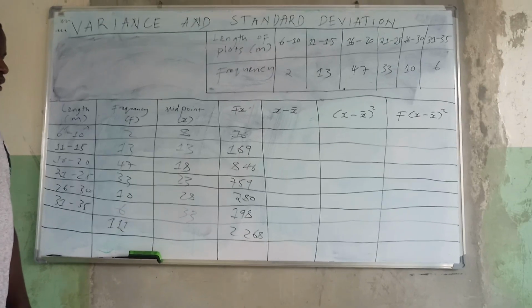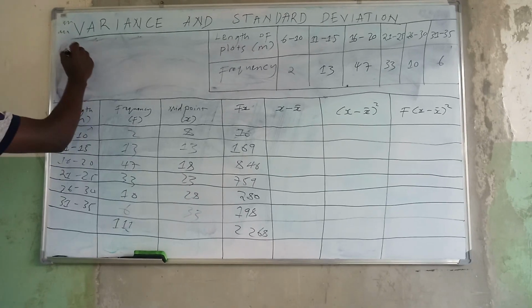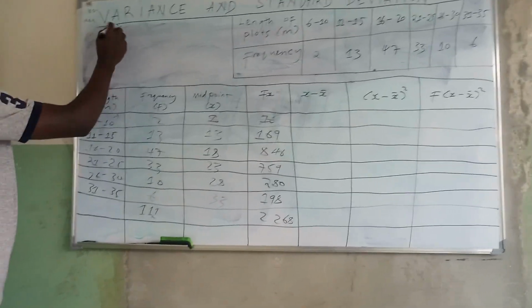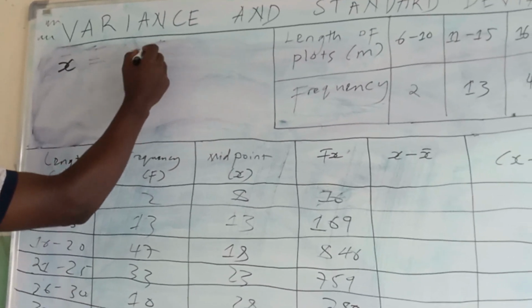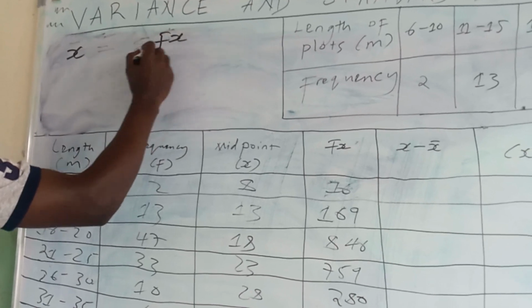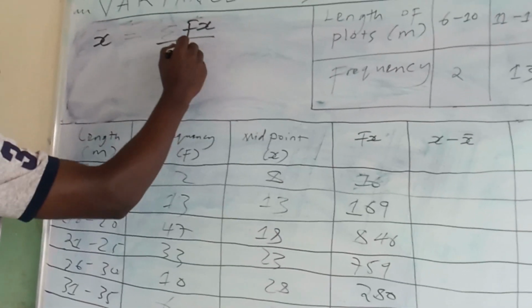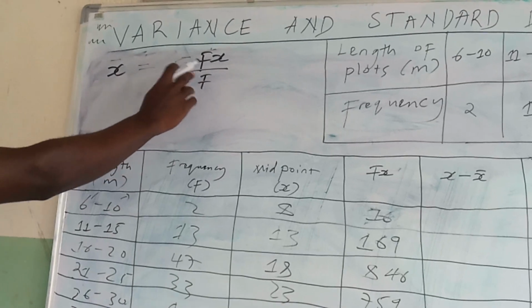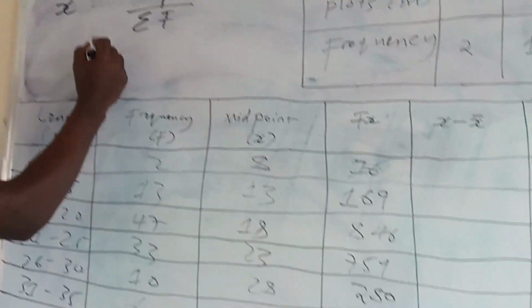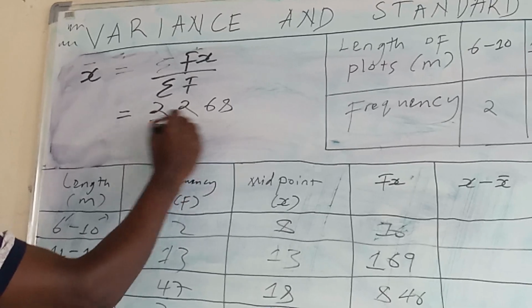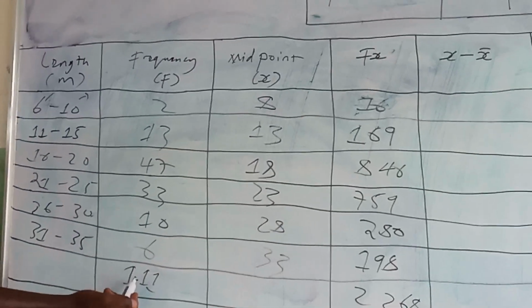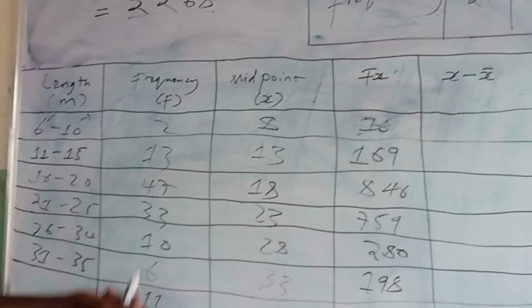For me to calculate the mean, represented by x̄, it is equal to the summation of fx over the summation of f. The summation of fx is 2268, over the summation of f, which is the total frequency, 111.